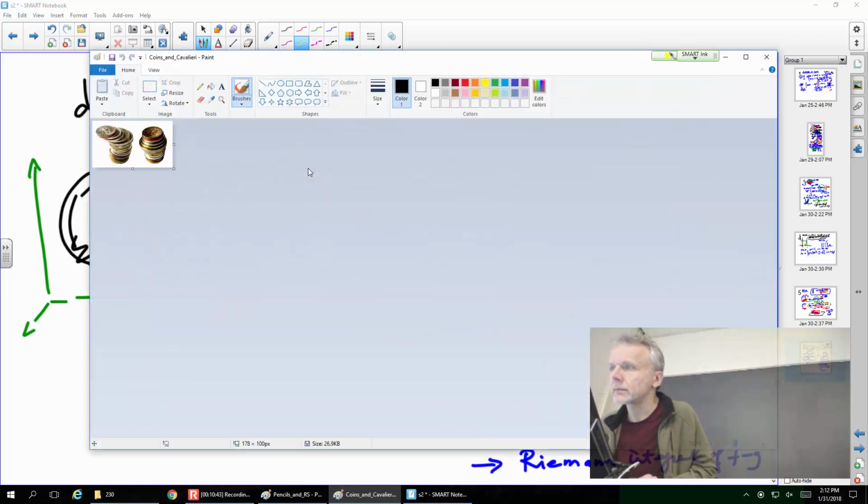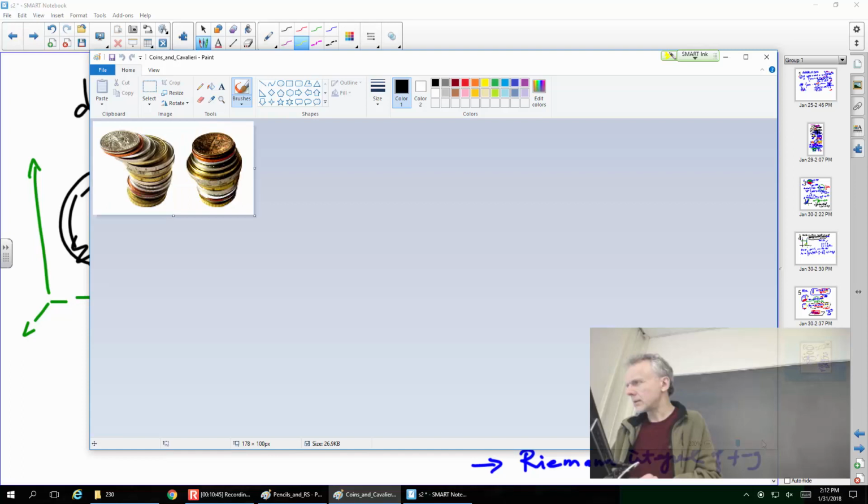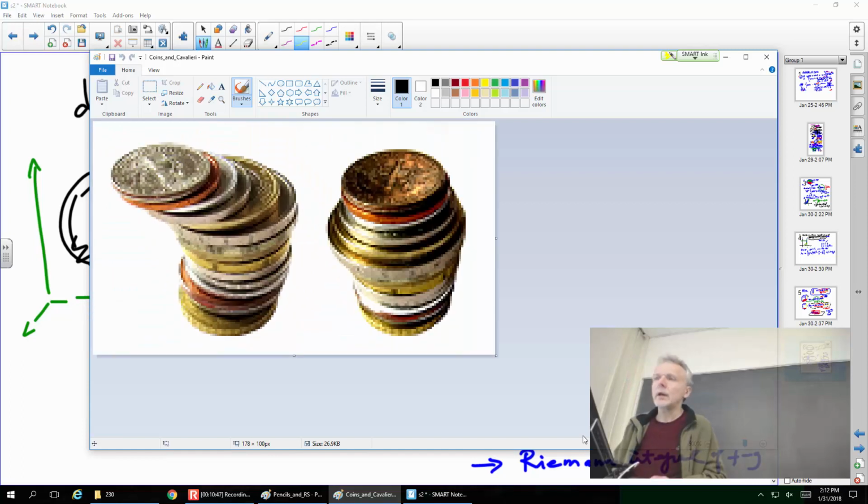These colors are slightly different, but these are the same coins. Each of them has a cross section and it varies. However, I could rearrange them, put them in any other shape, and the volume remains the same. It's the same coins, right? So the coins on the left, coins on the right, I just may straighten them out a little bit more.